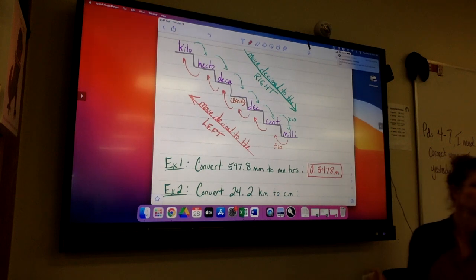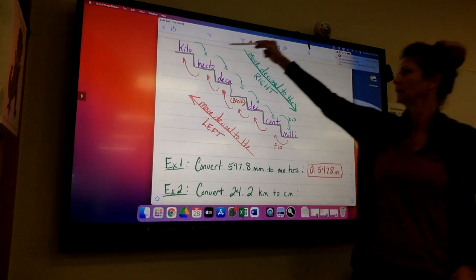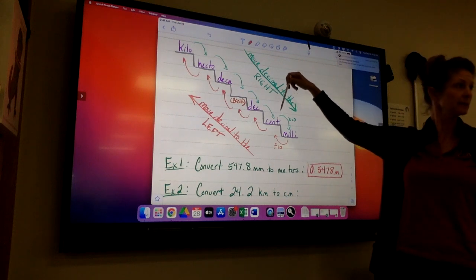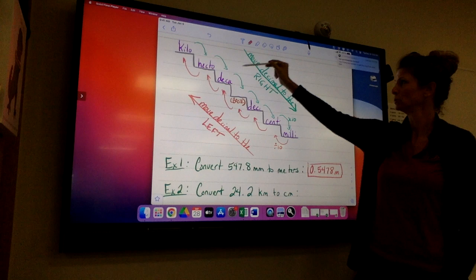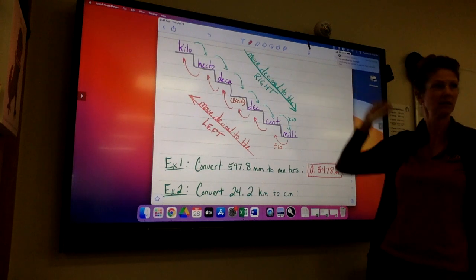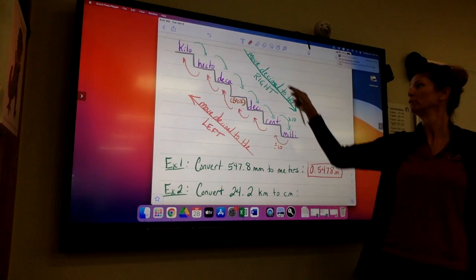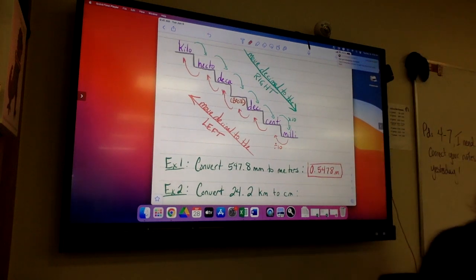All right, so km means that you start at kilo, and you go all the way to chunky, centi. So you're going to multiply by 10 1, 2, 3, 4, 5 times. Another way of saying that is you're going to move the decimal to the right 5 places. So it's a nice long number.